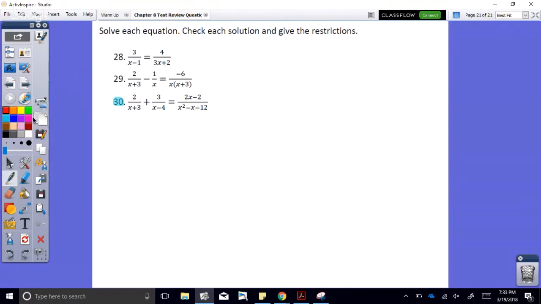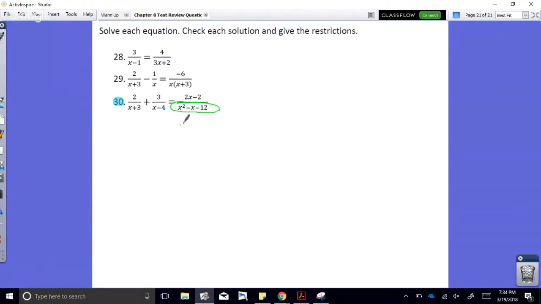Okay, 30. So for 30, we actually have to factor before we start. I'm just going to take this piece right here and underneath write it in factored form. So factors of 12 that subtract to give us 1, that's 4 and 3. And since it's a negative 1, we want the bigger number to be negative.